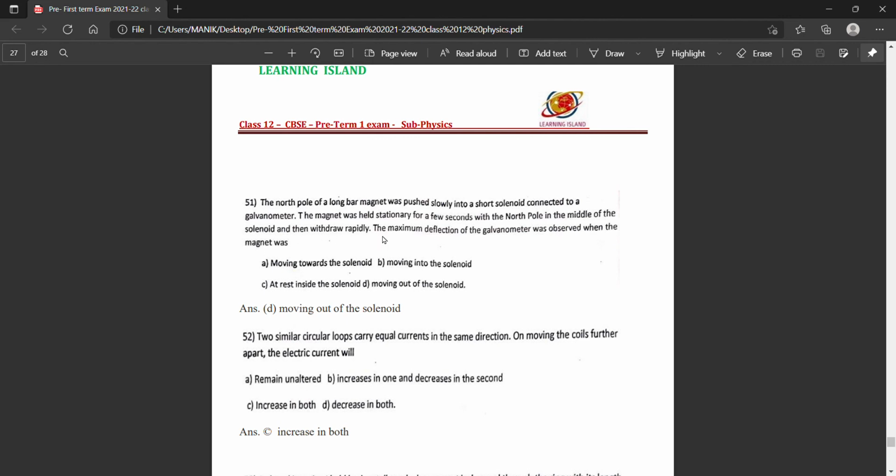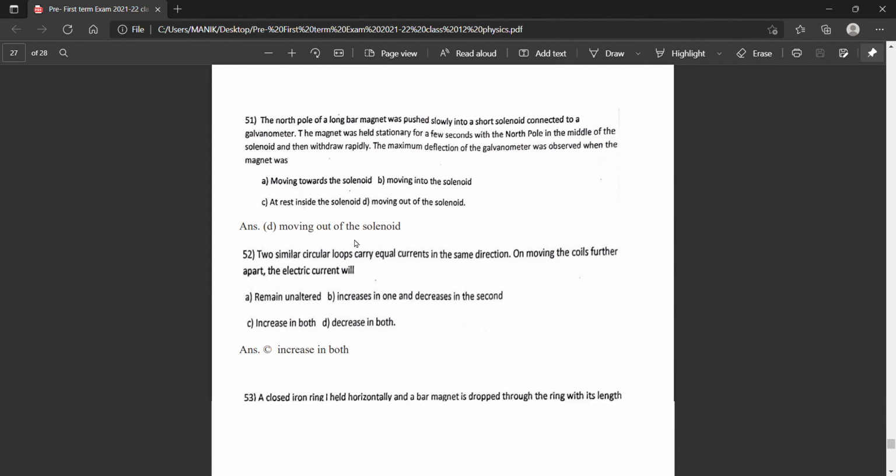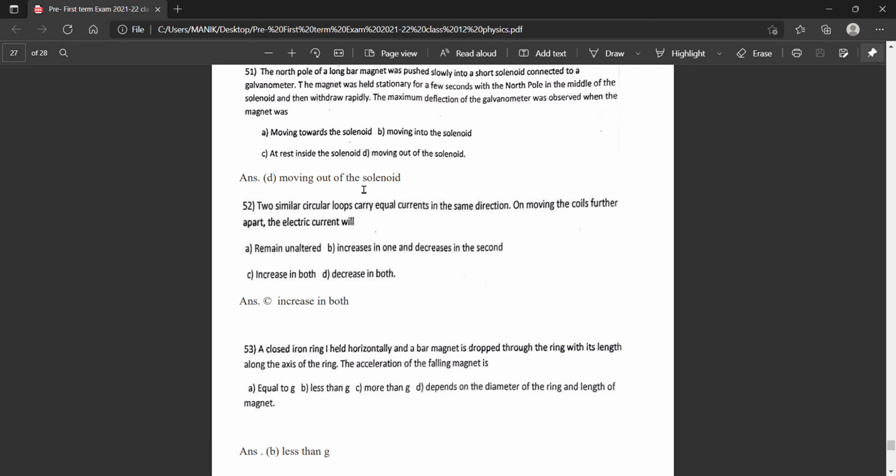The maximum deflection of the galvanometer was observed when the magnet was... If the change of magnetic field is more or sudden, then the induced EMF produced is more. So the deflection of the galvanometer will be more when it moves very fast. At the time of moving out, it has gone very fast. So the answer will be moving out of the solenoid.